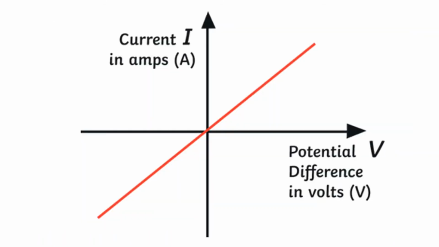So again, it is a straight line for an ohmic conductor because V equals IR, where V is proportional to I because the resistance is the same. For a thermistor, the resistance changes. For a filament lamp, the resistance changes.